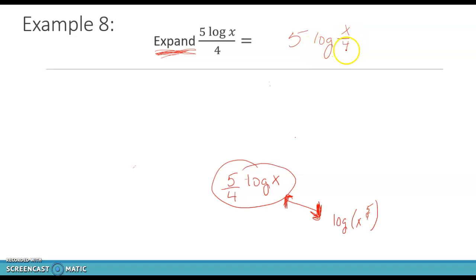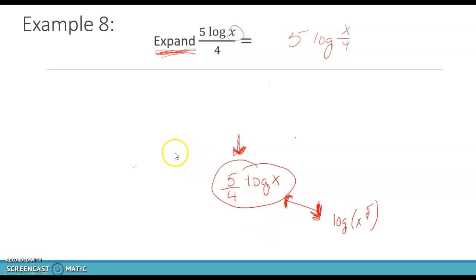So the log doesn't apply to the 4. He's not in there with the x. So it really looks like this, and it can also be written like that, either one. But to me that's weird because it's not an expand, so I'm a little leery on that one.